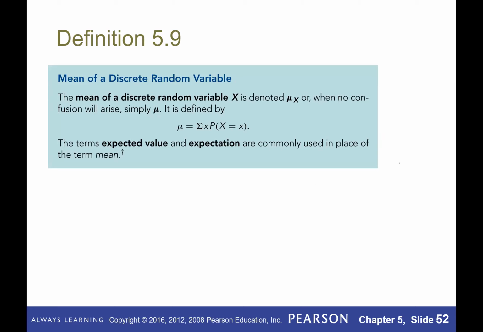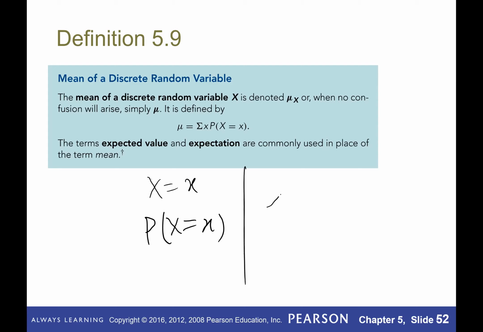Okay, since X is a discrete random variable, that means we know all the possible values of X and its corresponding probability. We also know the probability that X is equal to x.